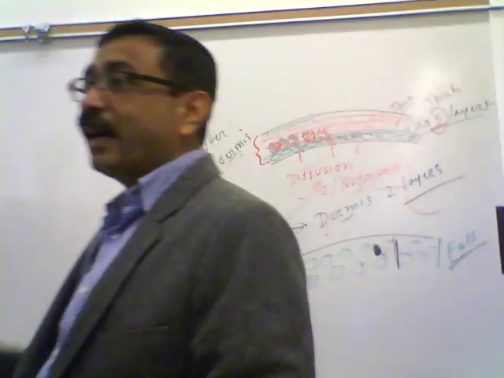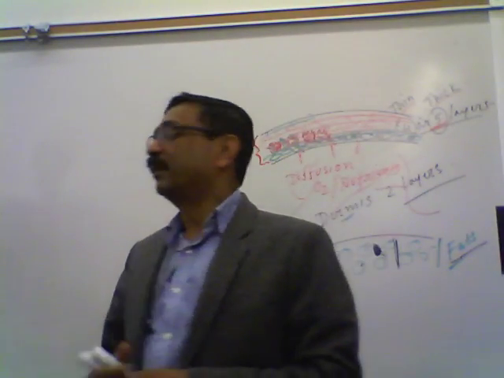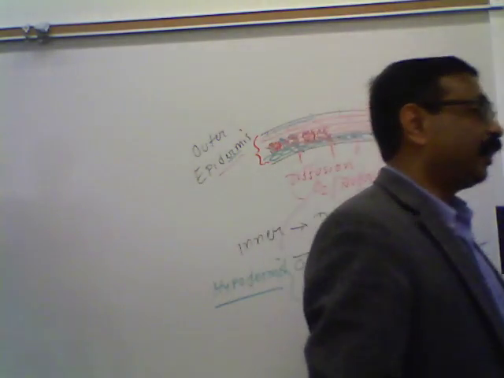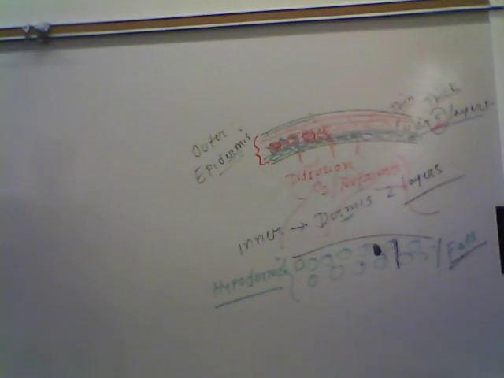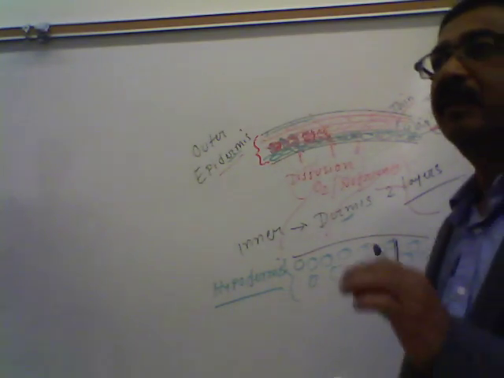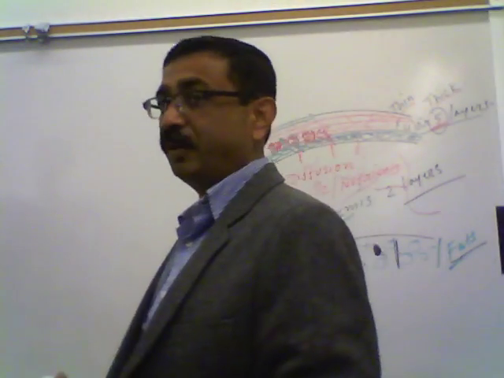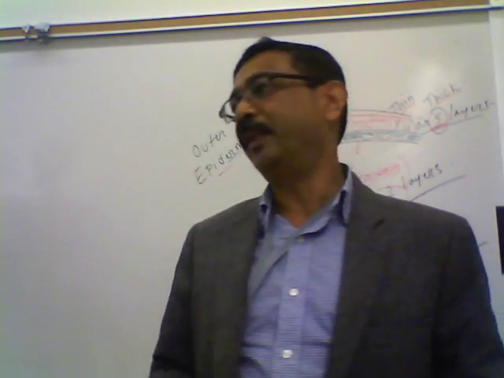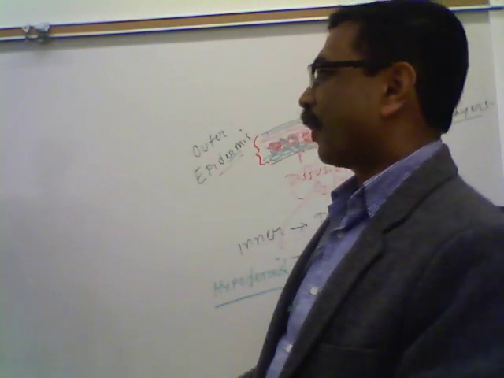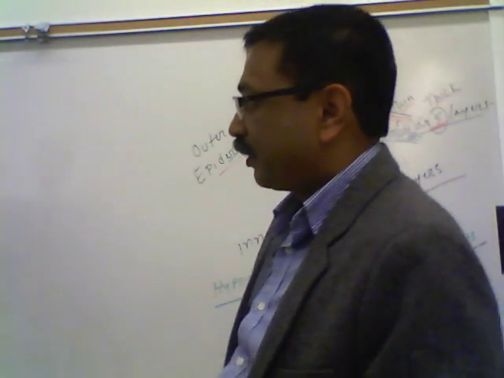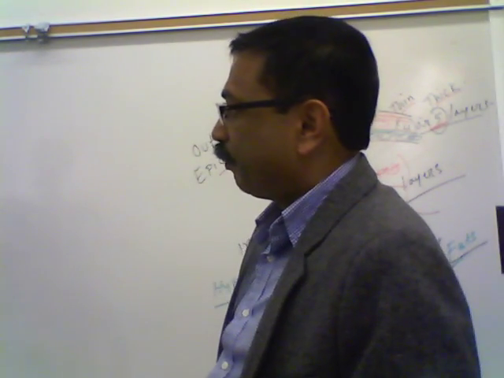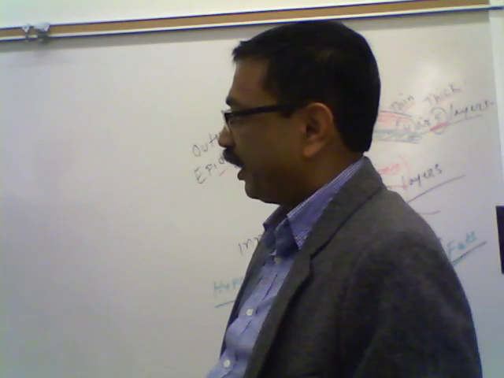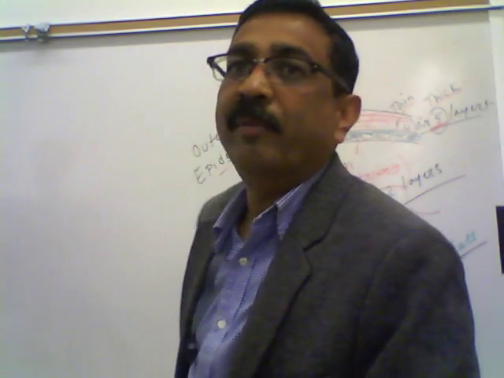And this layer contains the chemical melanin, which gives the color of the skin. You know that melanin gives the dark color of the skin. So, melanin granules are abundant in this layer, and also you have dendritic cells.